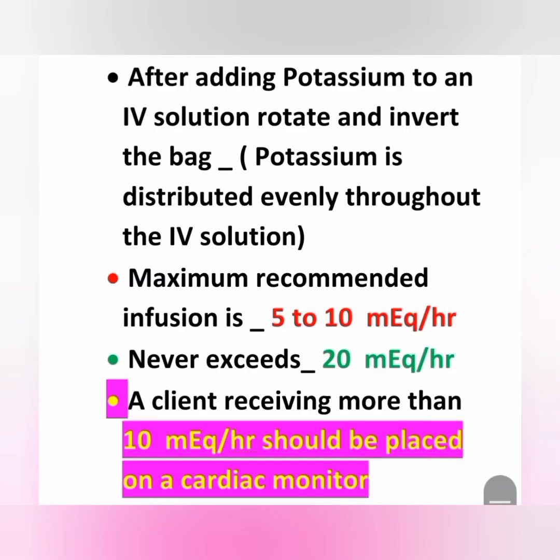Next, after adding potassium to an IV solution, rotate and invert the bag. After adding potassium to the IV solution, that is RL or NS, we should mix it so that the potassium is distributed evenly throughout the solution. The maximum recommended infusion is 5 to 10 milliequivalent per hour.